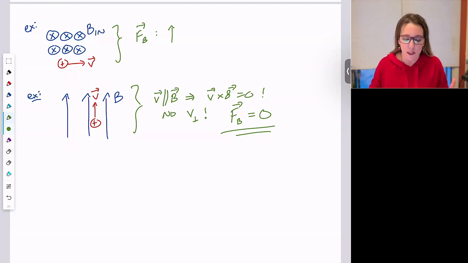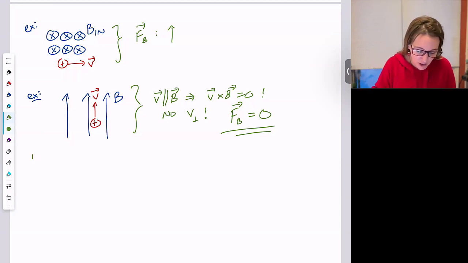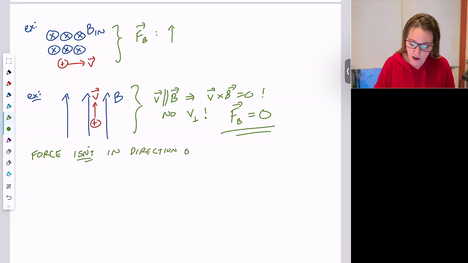And so that's what makes the magnetic force a little bit trickier than the standalone electric force, where you just had a direction either with the field or against the field. So the magnetic force isn't in the direction of the field.